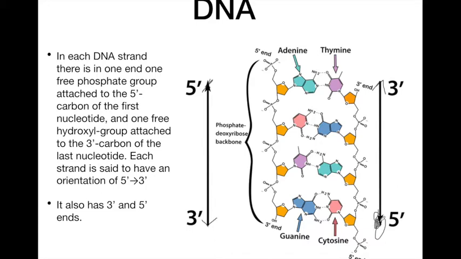Okay. And also we say that the last nucleotide, which has the free hydroxyl group attached to the 3' carbon, is the 3' end of the chain, and the first one, which has the free phosphate group attached to its 5' carbon, is the 5' end. Okay.